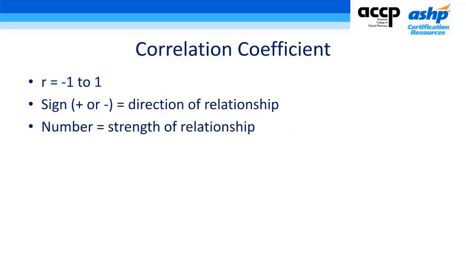The correlation coefficient can range from -1 to +1. Now, the sign, the negative or positive sign, indicates the direction of the relationship between the variables. And then the number, so from -1 to 1, that'll determine the strength of the relationship. So as you get closer to 1, stronger relationship.